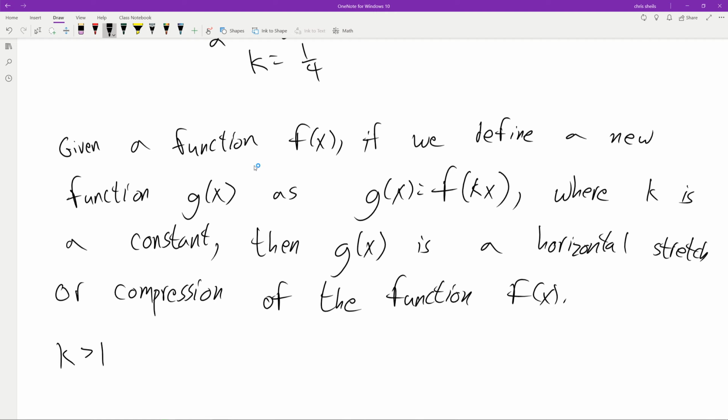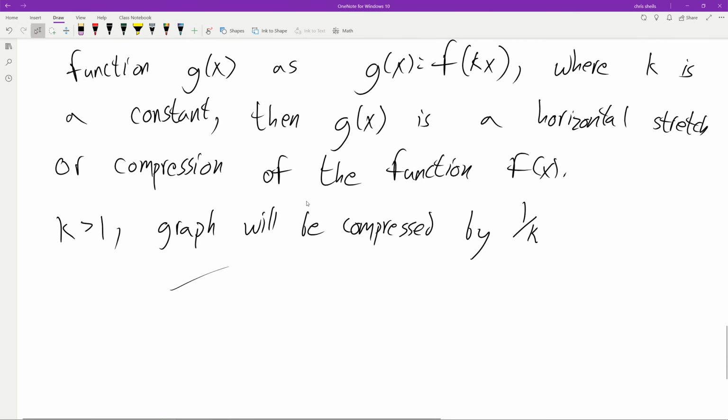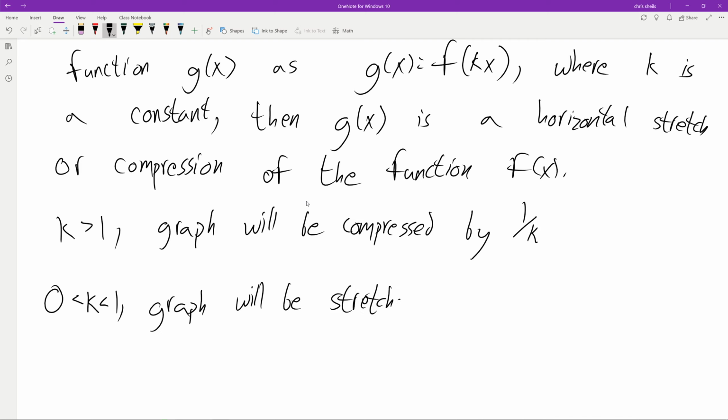If k is greater than 1, the graph will be compressed by a factor of 1 over k. If k is between 0 and 1, the graph will be stretched by a factor of 1 over k.